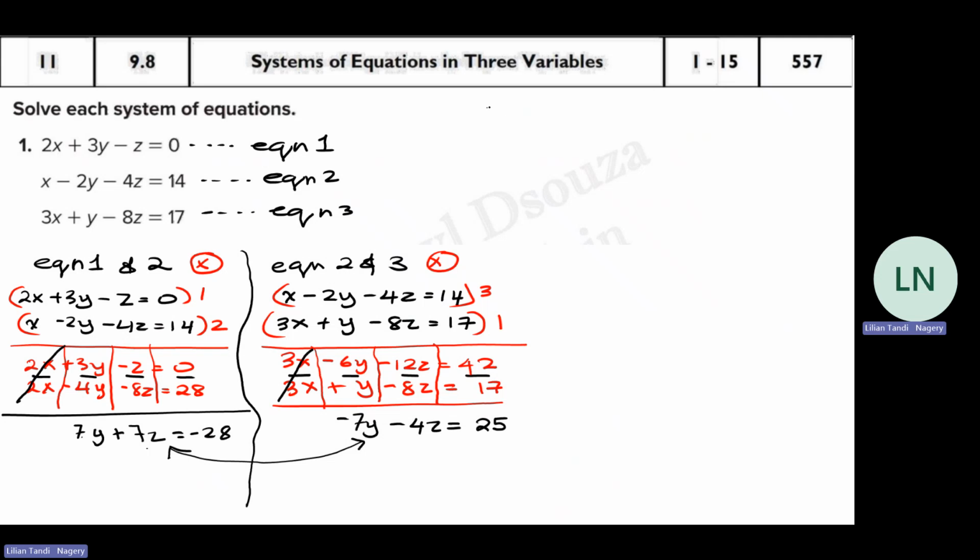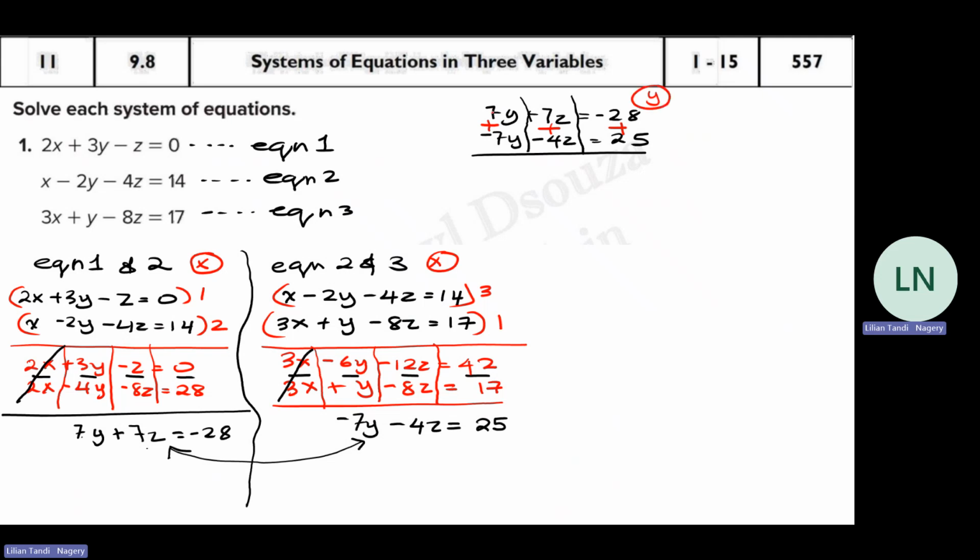So I'm going to write here 7y plus 7z equals negative 28, and negative 7y minus 4z equals 25. So now I can do this. I'm going to add because I want y to be 0. So here I am eliminating y.